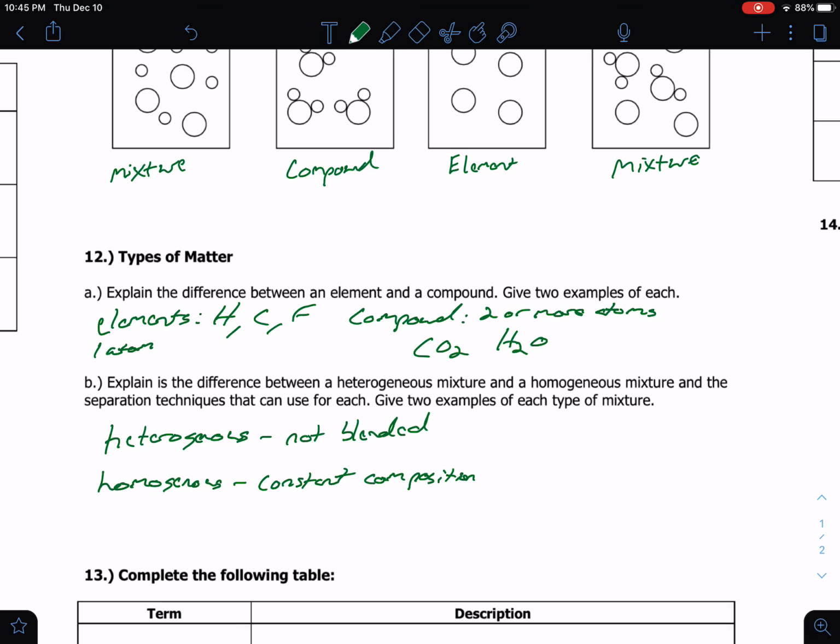If you take sugar and dissolve it in water, the sugar dissolves to the point where you can't really see it anymore. It still looks like water. But a heterogeneous mixture would be like dropping big chunks of dirt in water. They don't dissolve, and you can still see them floating around. That'd be a heterogeneous mixture.